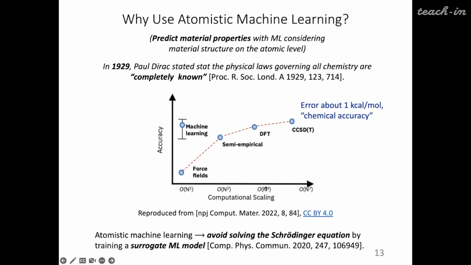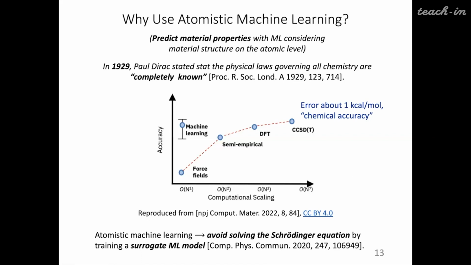These n's are roughly the numbers of electrons in a given system. Of course, getting O of n to the seventh power is really rough.